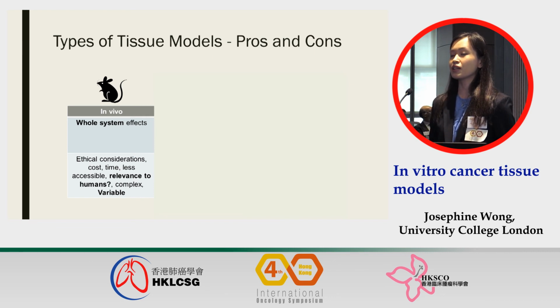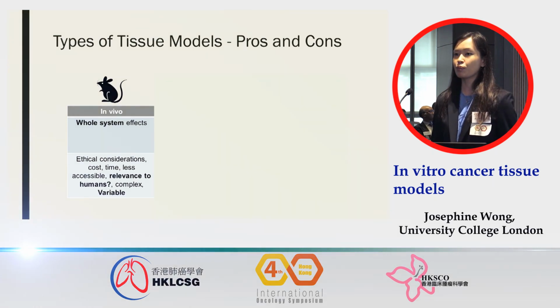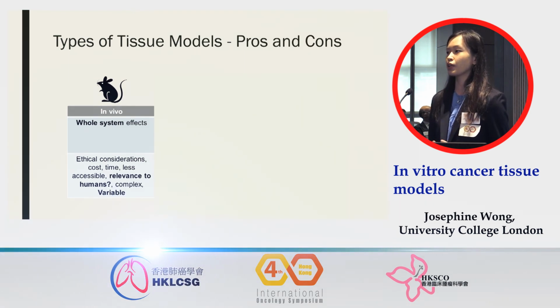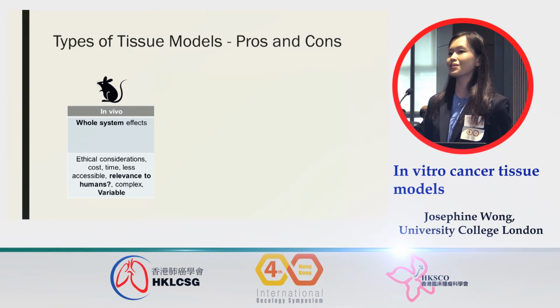However, there are considerations due to the time, cost, and ethical considerations. And also, quite importantly, there is the question of whether some animal models will be relevant to the human pathology.